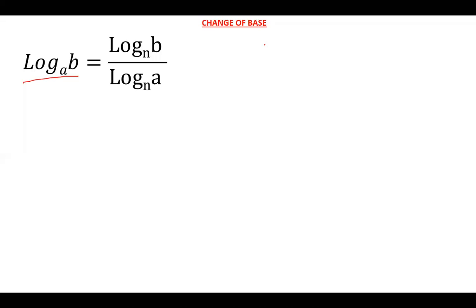So if this was, for instance, log 5 base 2, if I'm to convert this to base 8, I'll just say log 5 over log 2, and then I'll raise all the logs to the base 8.